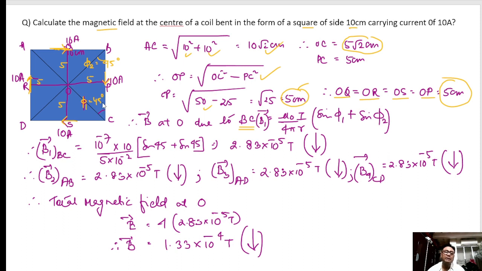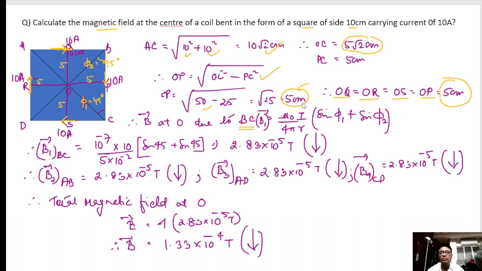As you can see in BC, the point B is subtending an angle of 45 degrees at the center, and point C is subtending an angle of 45 degrees at the center.